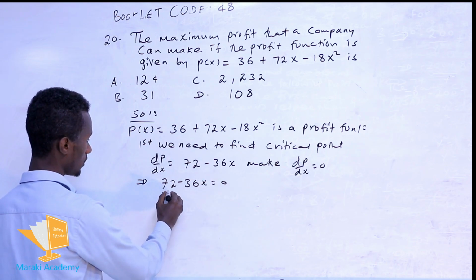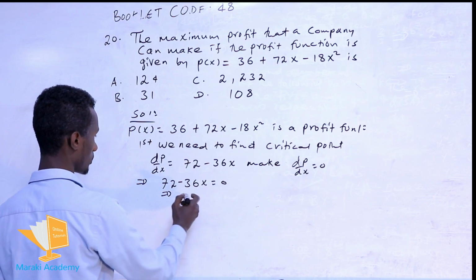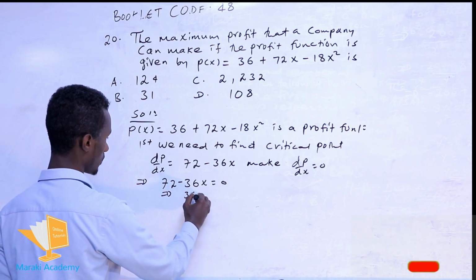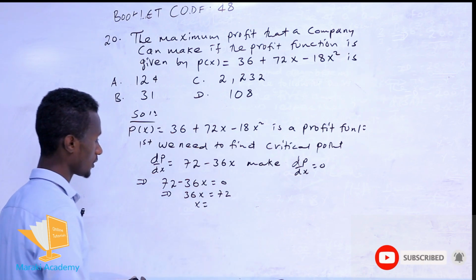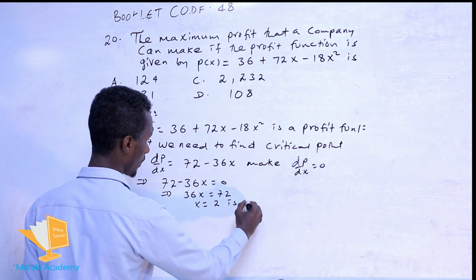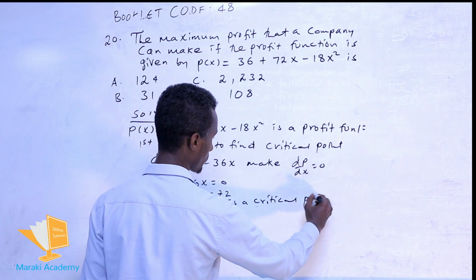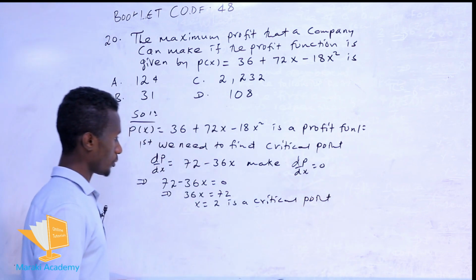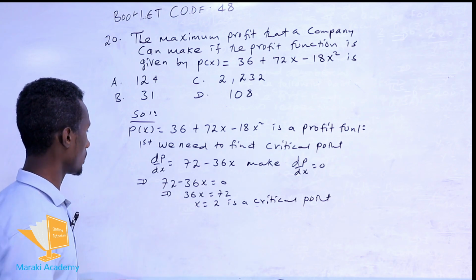Shifting, 36x is equal to 72. So the value of x, dividing both sides by 36, is 2. This is a critical point, to determine whether the given profit function is maximum or minimum.